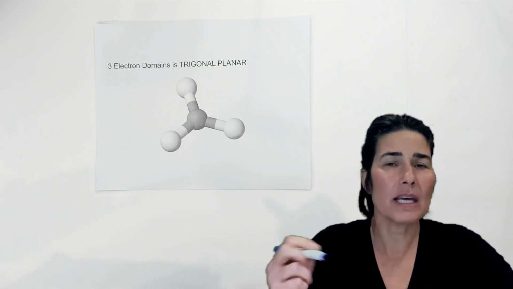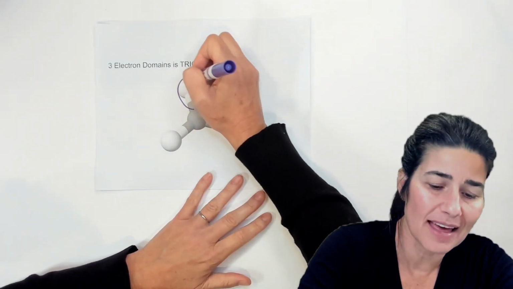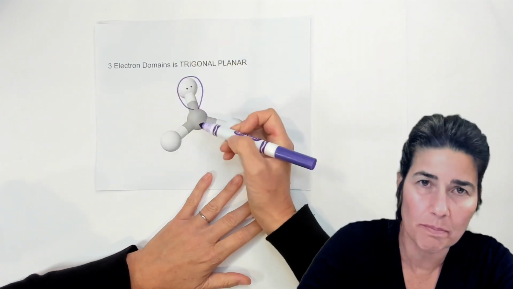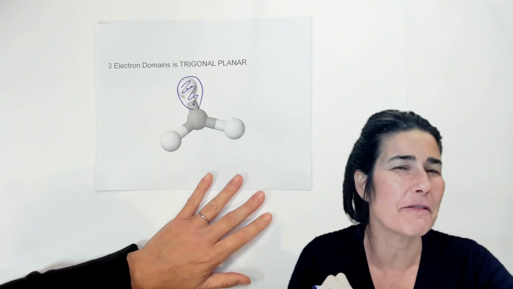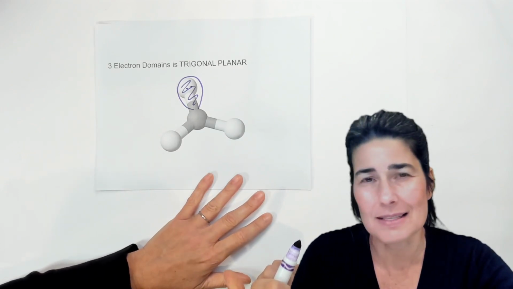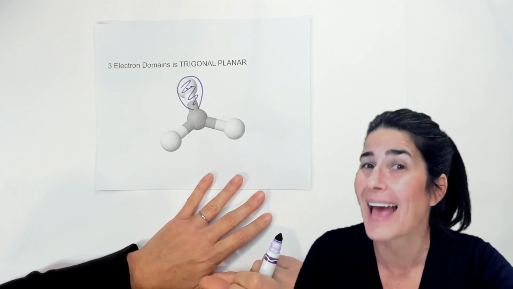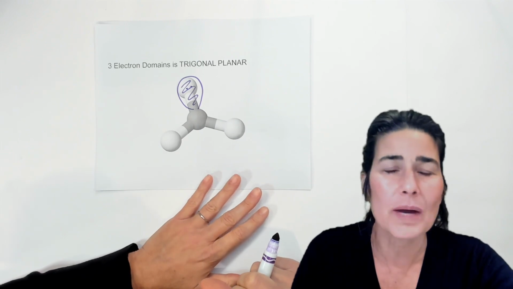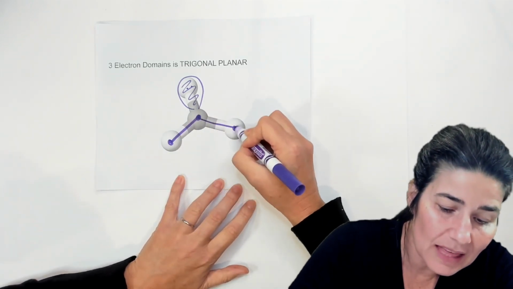If one of those is a lone pair, imagine that this right here, this lone pair, is like a ghost. Pretend that it's invisible for a moment. What we see is not a flat triangle if we just focus in on the atoms only. What we see is still 1, 2, 3 things.